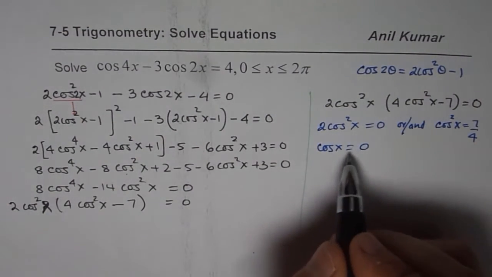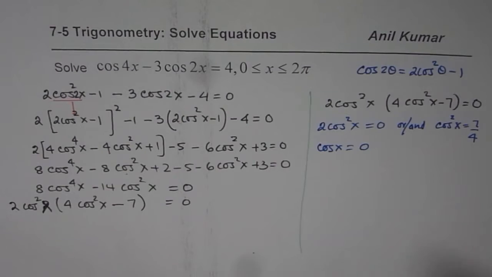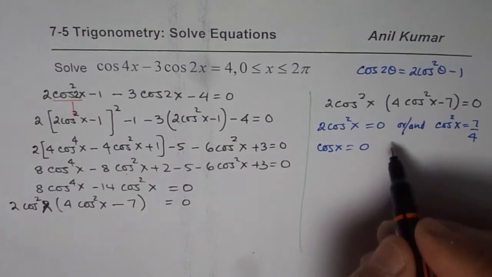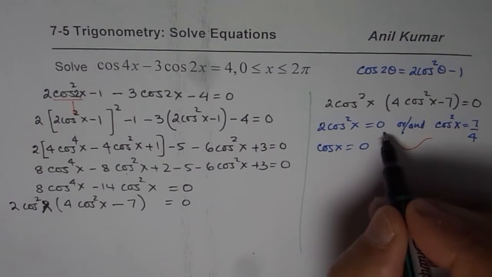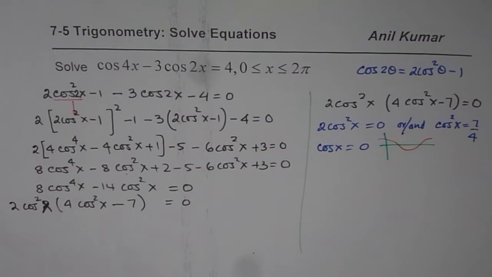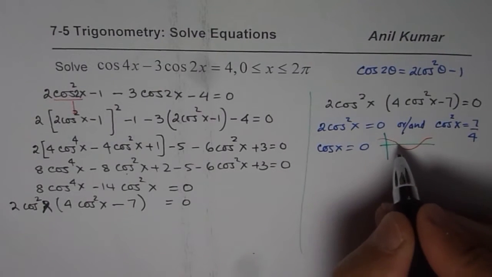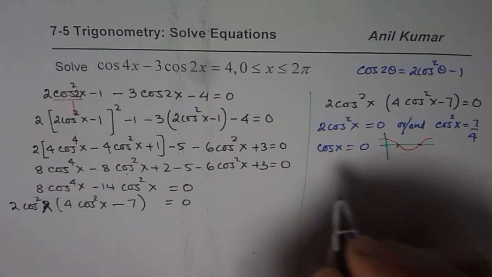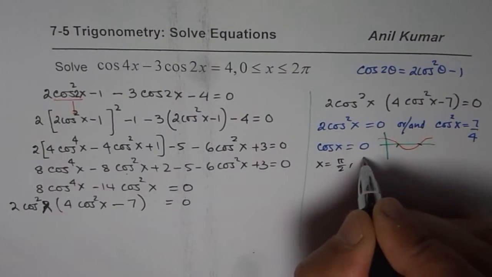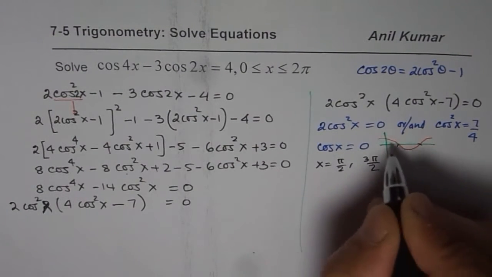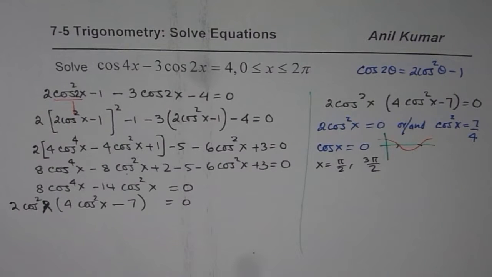Now we know when cos x is 0. The cos function is kind of like this. From here, we can say that cos x is 0 for two values, and these two values for us are at pi by 2 and 3 pi by 2. So we get x equals pi by 2 or 3 pi by 2, correct? So these are the two values for cos x to be 0.